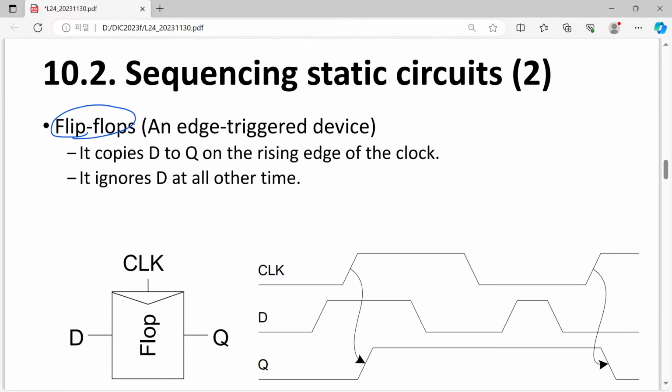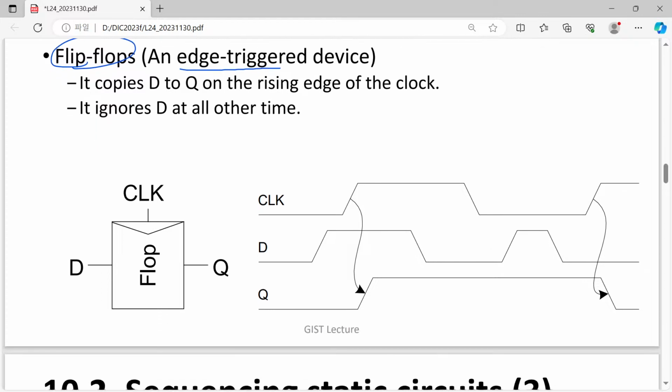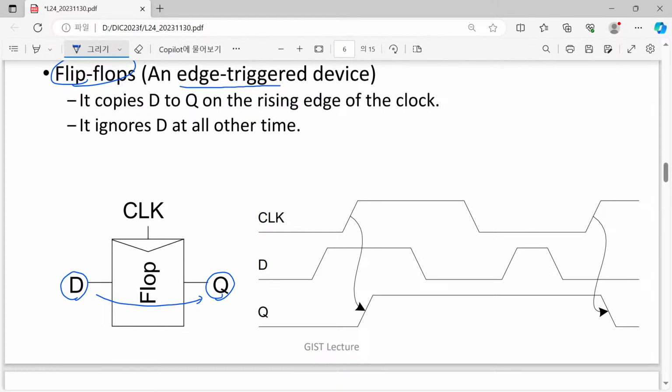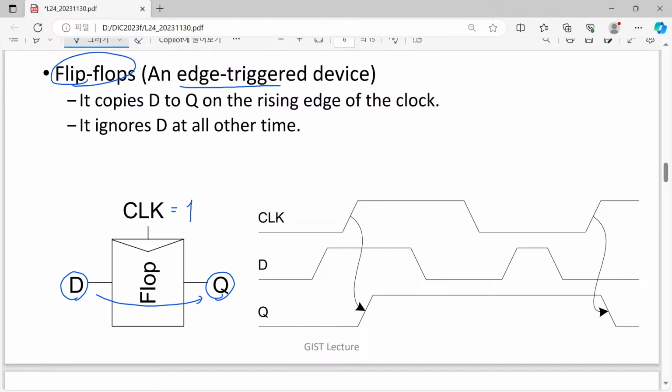Another one is the flip-flop, which is an edge-triggered device. Here we still have D and Q, and data is passed to Q. However, the difference between latches and flip-flops is that a latch becomes transparent whenever clock equals 1.